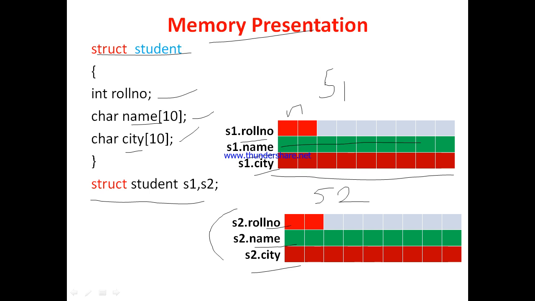That means when we have to access the members of the structure, we have to use the structure variable, dot operator and the member name. Always remember, we cannot access the members directly; we have to access them using the structure variable, dot operator and the name of the member.